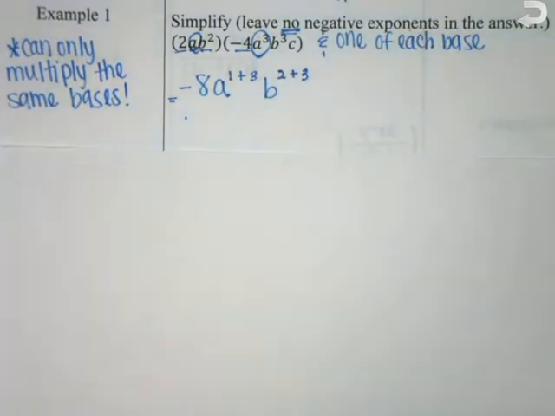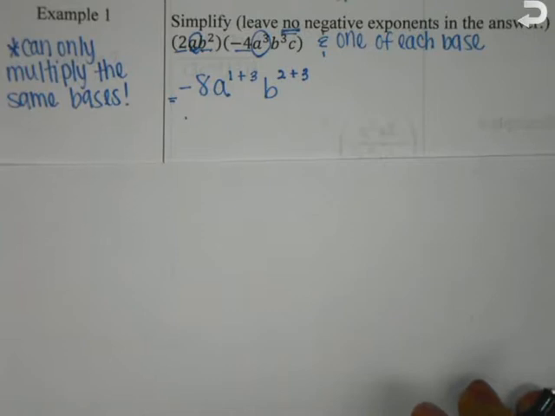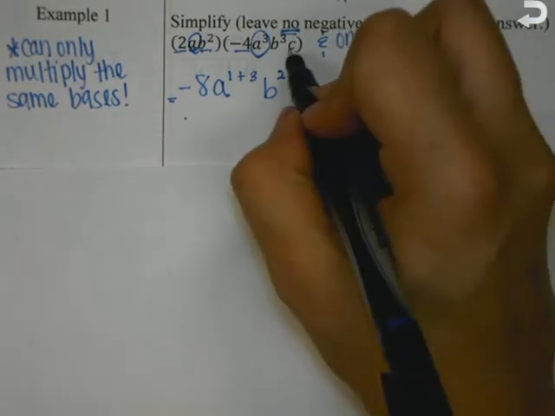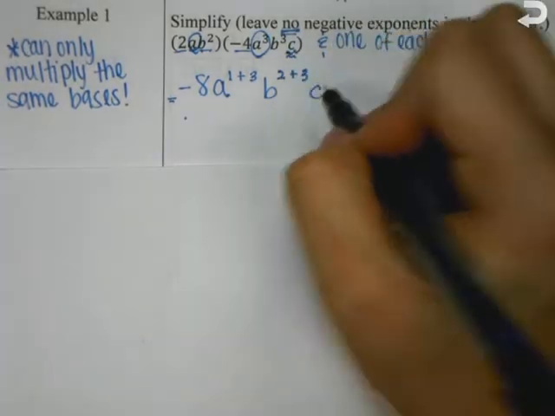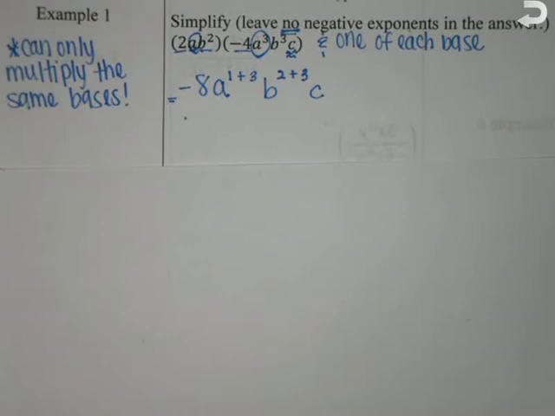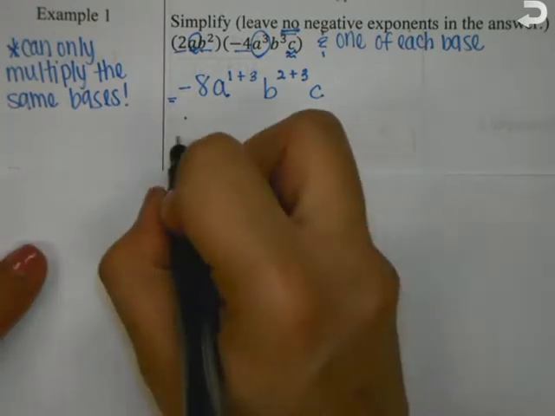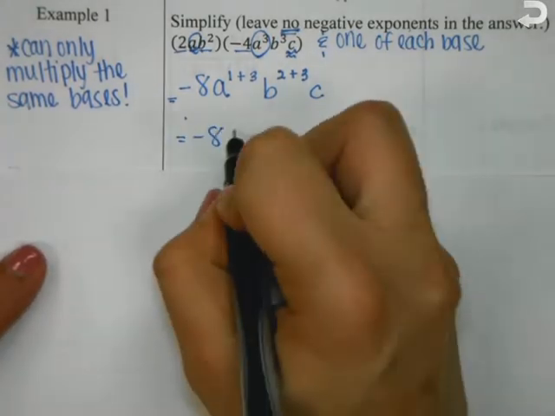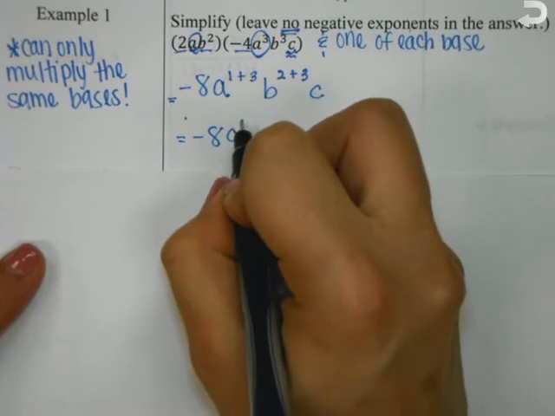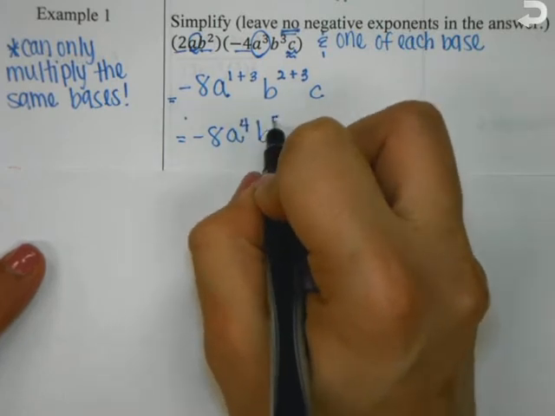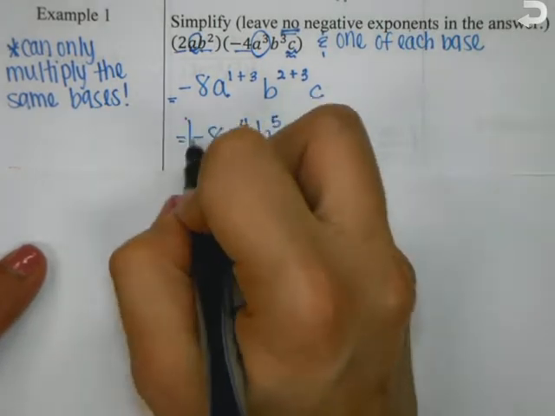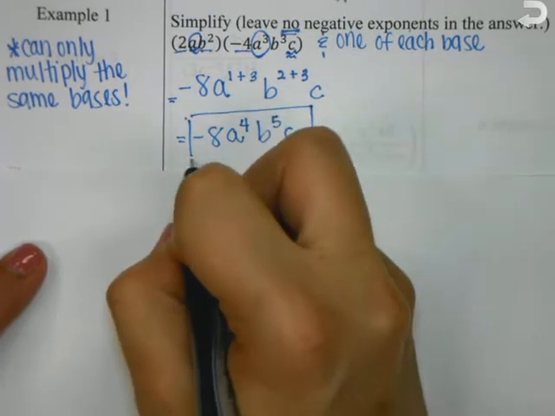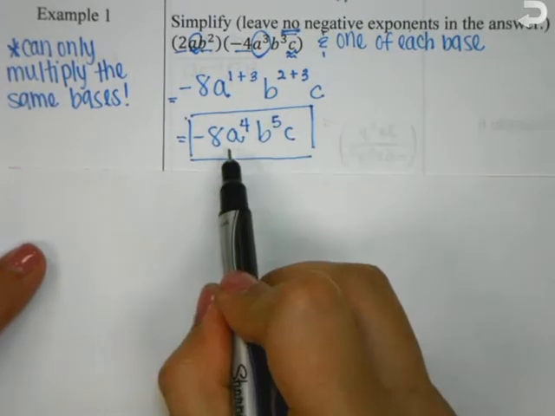And then c hangs out all by itself, so we just put c on at the end. So let's actually simplify this all the way. That's negative 8. A to the 3 plus 1 is 4. B to the 5th, C. We have no negative exponents in here. A only shows up once, B only shows up once, and C only shows up once. So we are simplified.